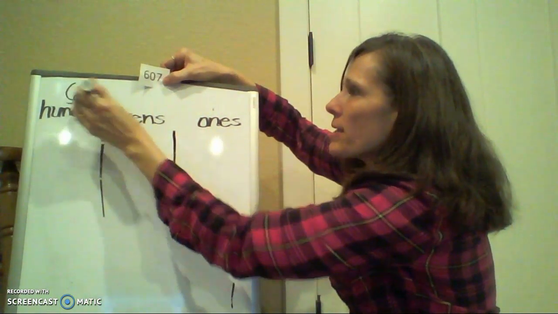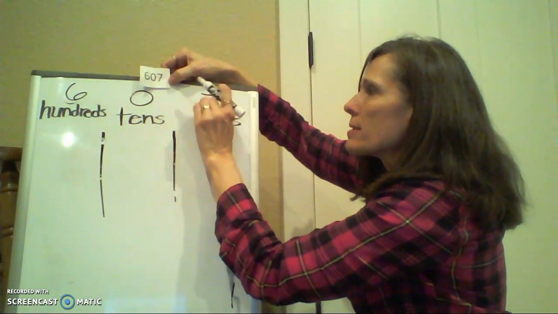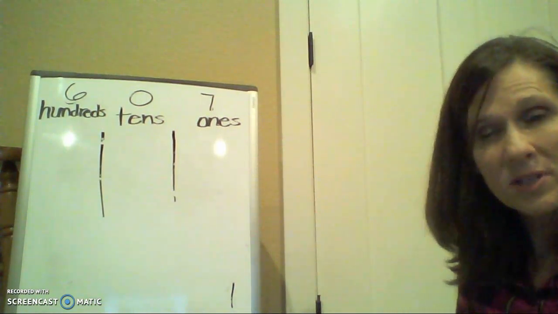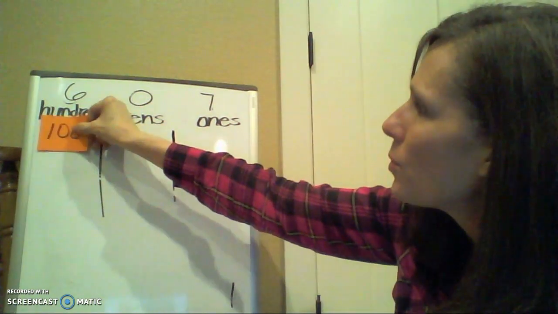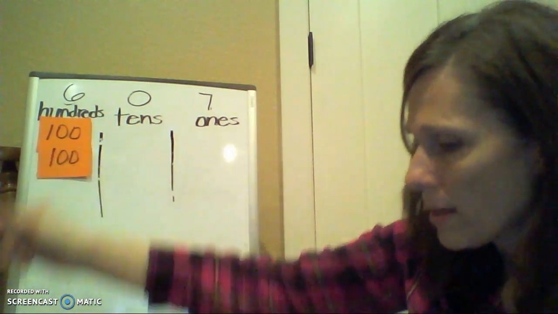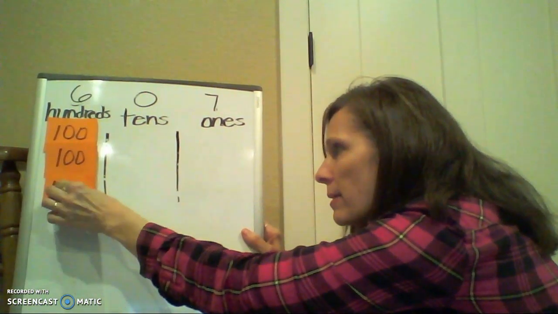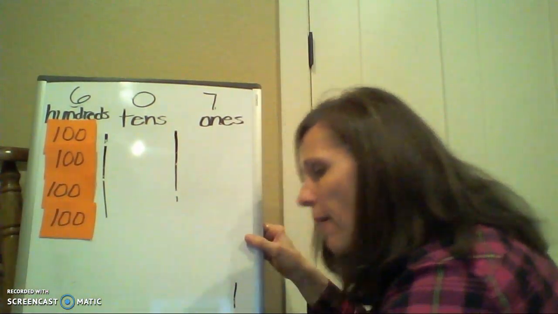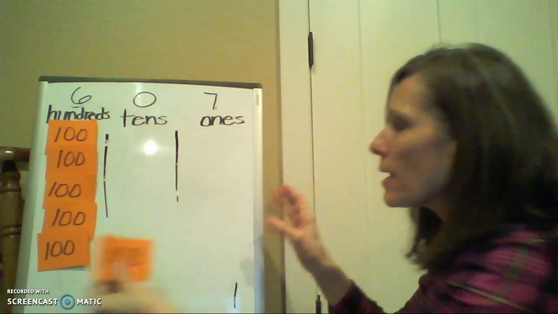6 is in the hundreds, 0 is in the tens, and 7 is in the ones. Okay, so what does the 6 really mean when it's in the hundreds place? It means 6 groups of 100. Okay, so 1 group of 100, 2 groups of 100, 3 groups of 100, 4 groups of 100, 5 groups of 100, and 6 groups of 100.